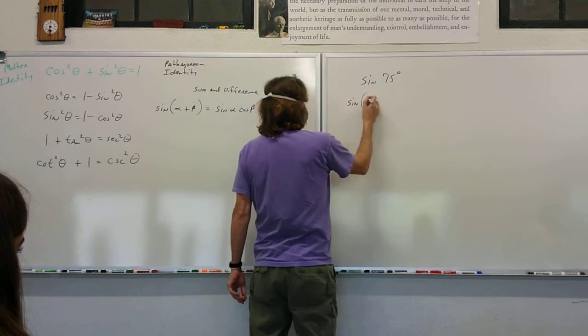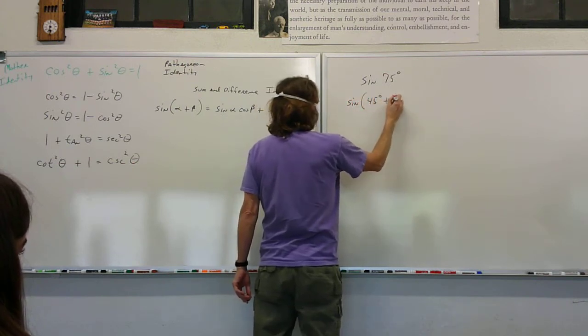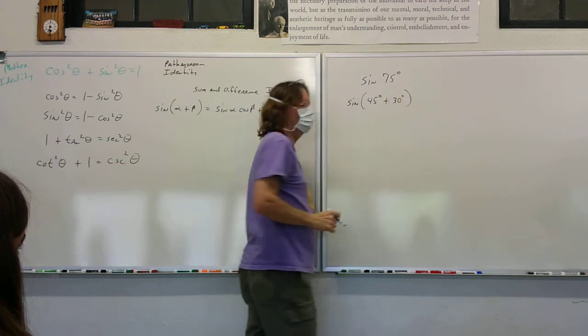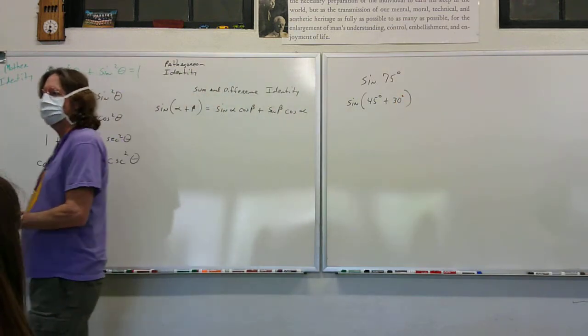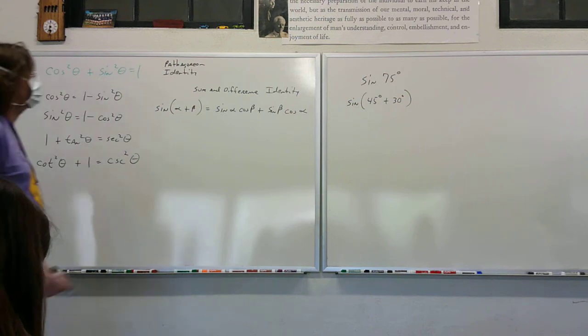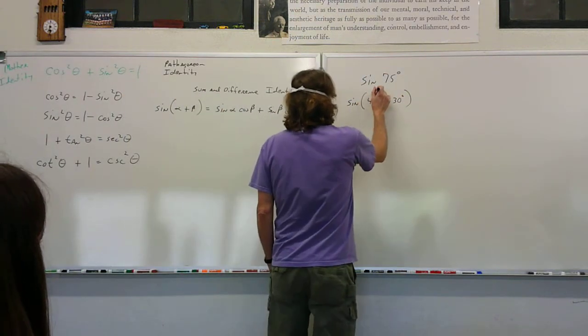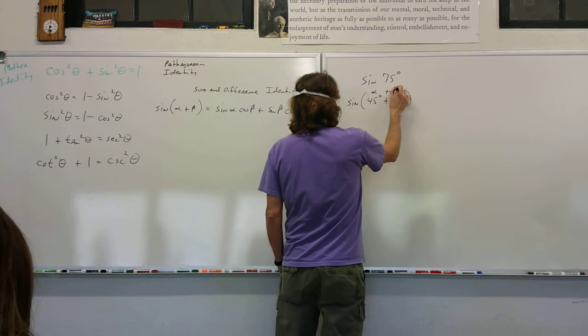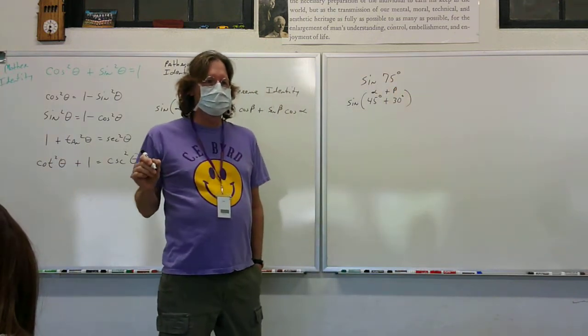Sine 45 degrees plus 30 degrees. Because 45 plus 30 is what? 75. Is that okay? Pretty cool. This is your alpha plus your what? Your beta.